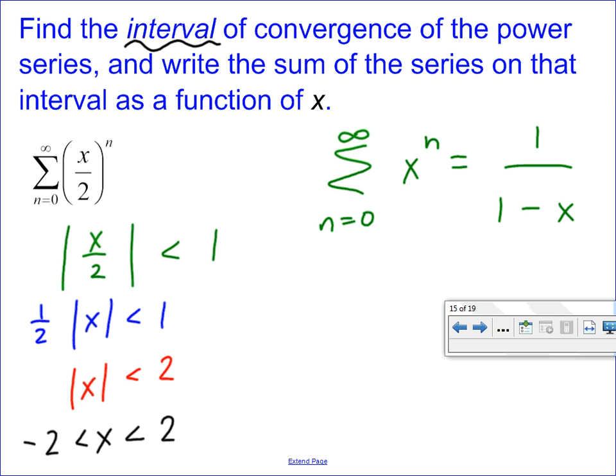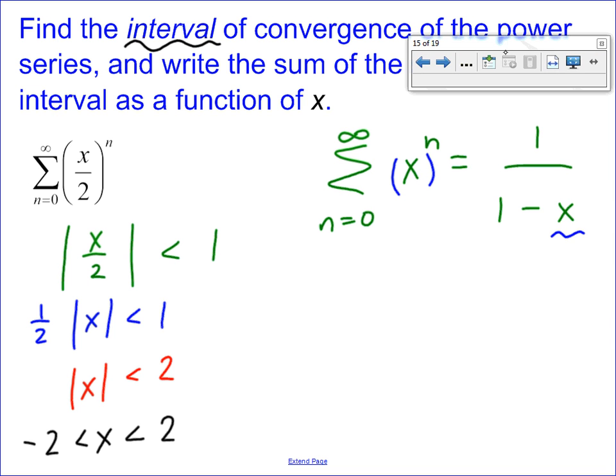However, this particular one isn't x to the n, it's what? Well, it's x over 2 to the n. And so all we need to do is substitute that into my generalized function form, and then simplify to match the answers in the special book.